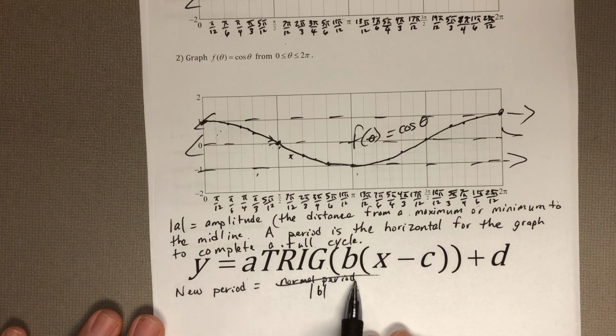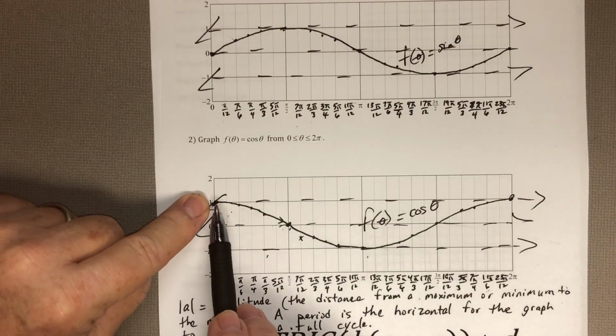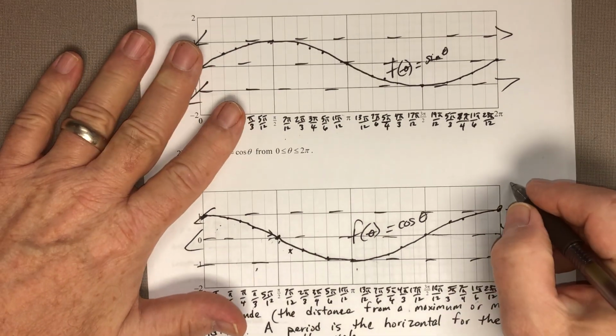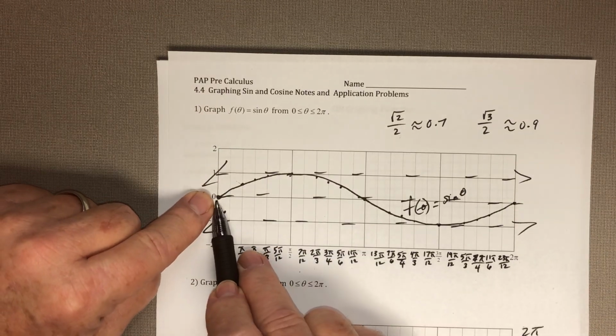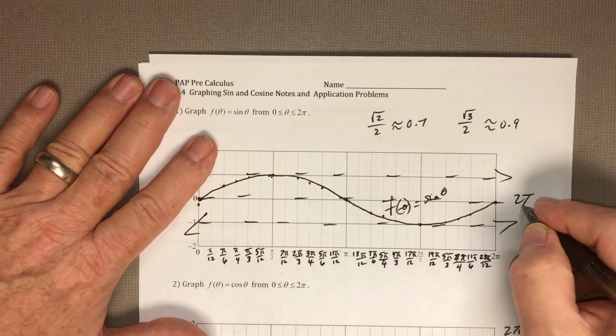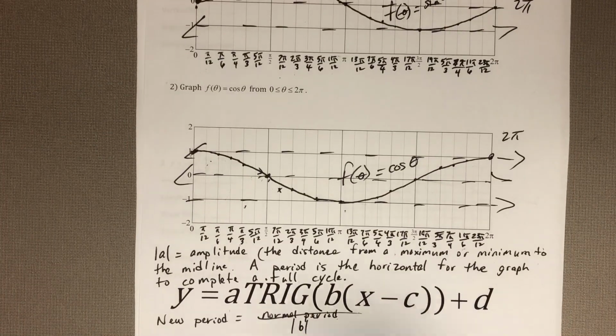And by the way, what is the normal period? How long did it take to go from this maximum to that maximum? Well, the normal period here would be 2 pi. How long did it take from going up at a midline point to going back up again? That is also 2 pi. So that's the period for both the sine and the cosine without any transformations, for the parent functions.